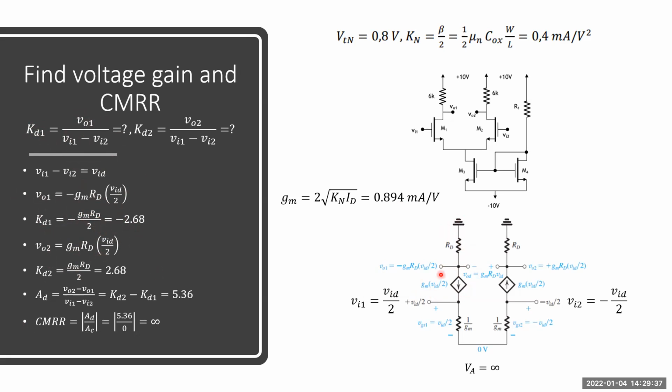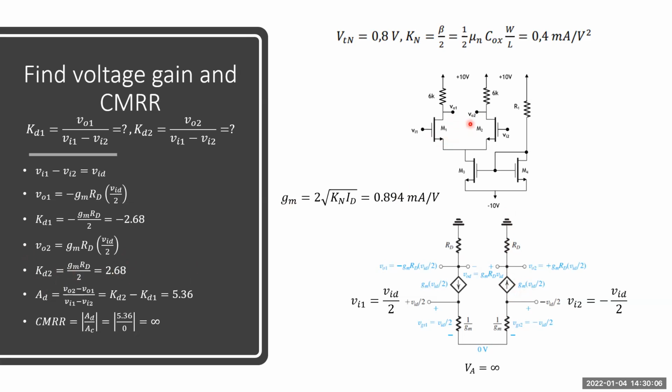What about the VO2 expression? It's flowing into the ground here, VO2 equals RD times gm times VID over 2, then KD2 equals 2.68. This is the single-ended voltage gain because output voltage is single-ended. What about differential mode? What if the output voltage is a differential signal as well?